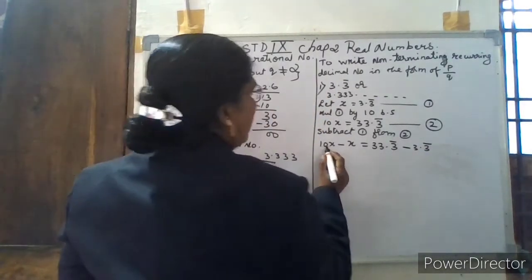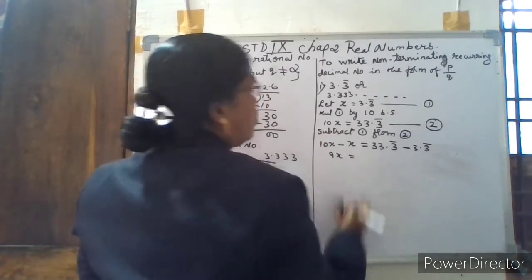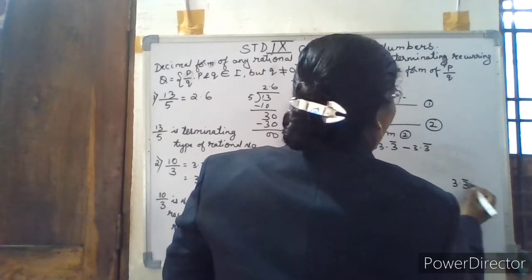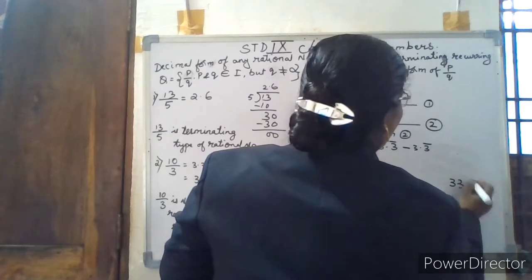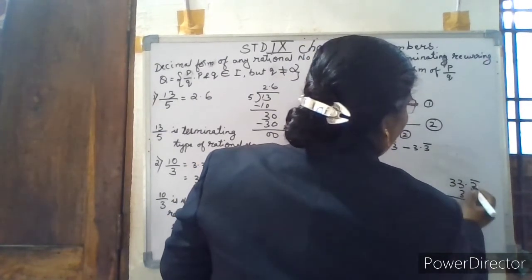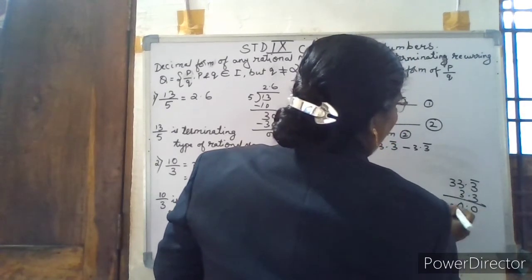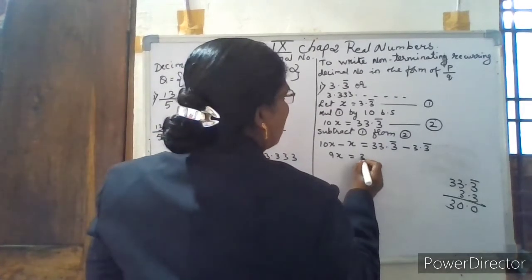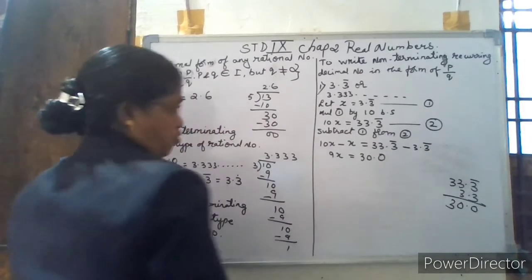Now see here, 10x minus 1x will give you 9x. This is equal to 33.3 bar minus 3.3 bar. After the point it is all zeros, and 33 minus 3 is 30. So we get 30.0 if we subtract these two numbers.